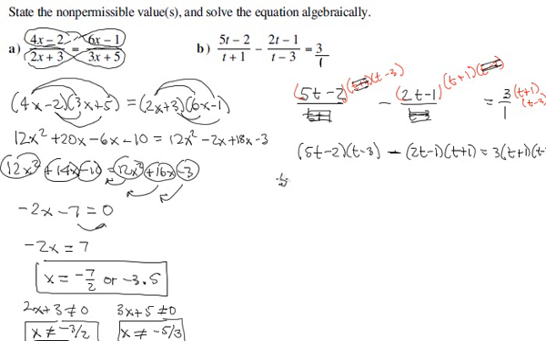5t times t is 5t squared, that's first. Outside minus 15t, inside minus 2t, last plus 6. Now minus, watch out, this minus sign applies to everything that we're about to write.